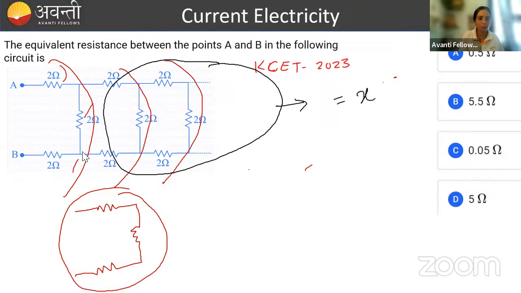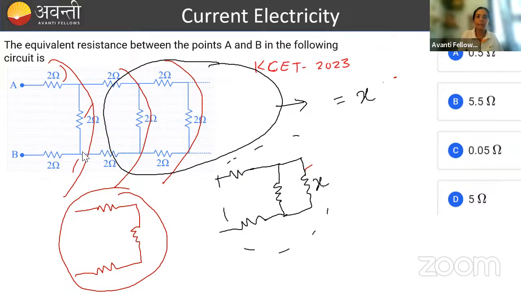So this is one unit, and this one I'm going to add to x, that is R equivalent. So again this whole will have R equivalent equal to what? x. That is the only method through which we can calculate x, otherwise we cannot, right? So we are going to use this logic.